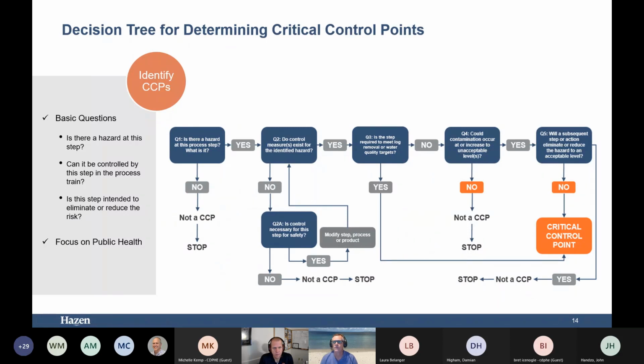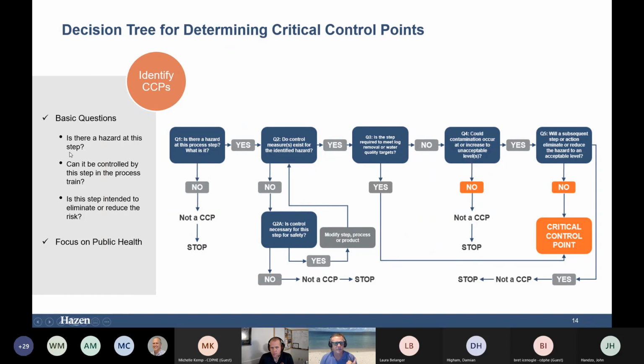Then we come to determining the critical control points, and I won't labour this flowchart too long, but it's a pretty useful guide that we can use to identify what's a critical control point, and very helpfully what is not a critical control point when we're working through our system. Fundamentally, we take the treatment process and we really ask these three questions.